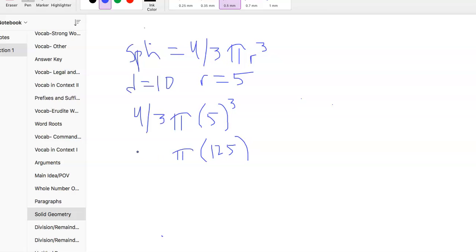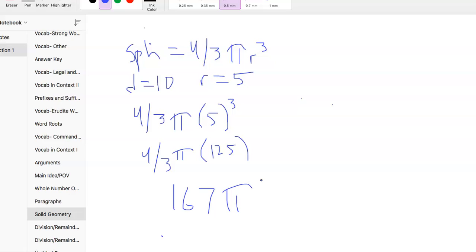We'll carry the rest down. Now it's starting to look a little more manageable: 4/3 pi times 125. So then we're just going to do 4/3 times 125, and if we go through all that, we end up getting 167 pi for our answer.